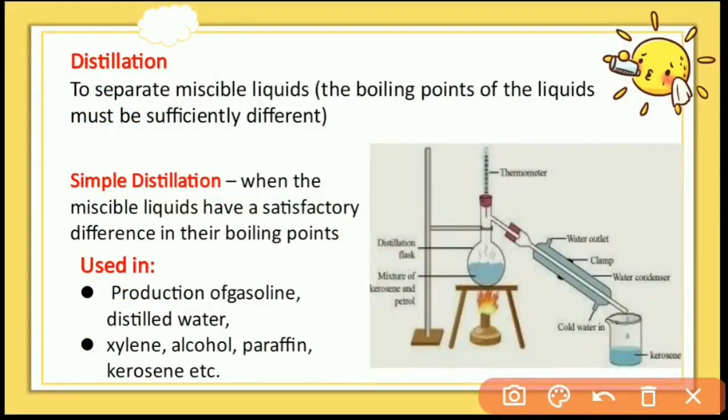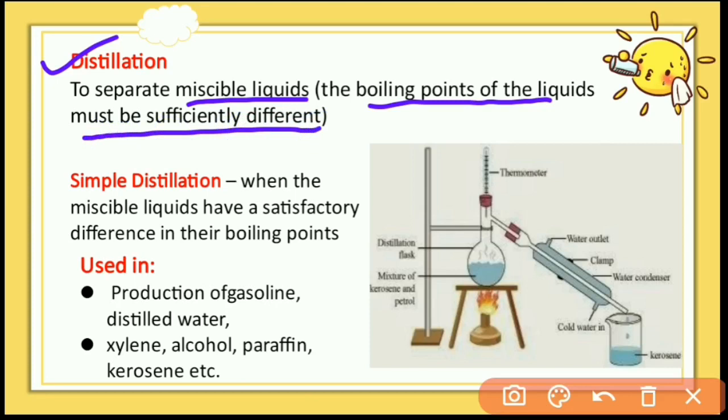The next separating method is distillation, and it is used to separate miscible liquids. The boiling points of the liquids must be sufficiently different, more than 25 degrees Celsius. For this experiment, take a distillation flask, fit the thermometer, and take inside the distillation flask a mixture of miscible liquids. It may be acetone and water.